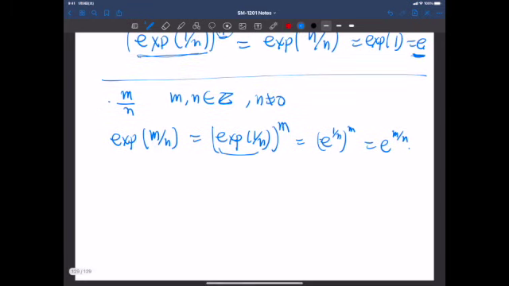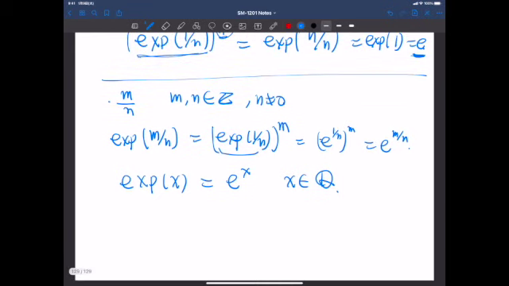So we have exp of x is equal to e to the power of x if x is either a natural number or an integer or a rational number.